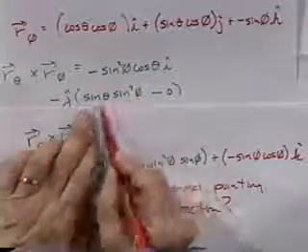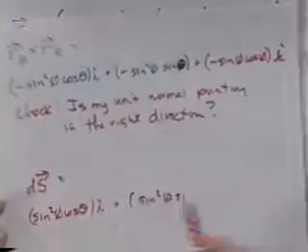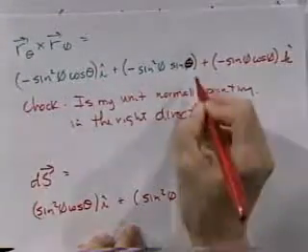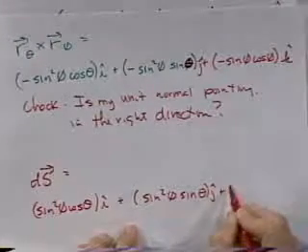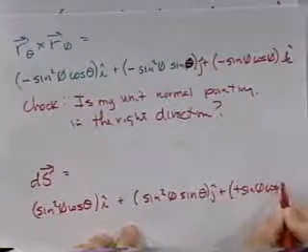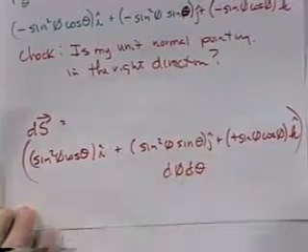It's sine squared phi sine theta. This is a theta here. It's very easy to mess those up. So I have plus sine squared phi sine theta j, and plus a sine phi cosine phi k. A bit tedious. And then we have to multiply that whole thing times d phi d theta.